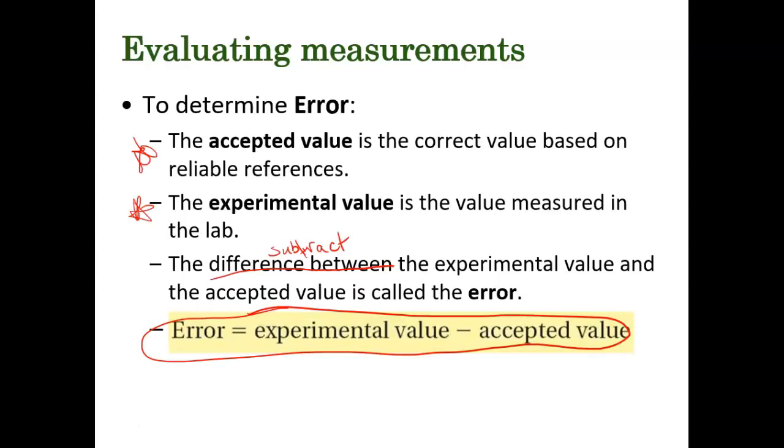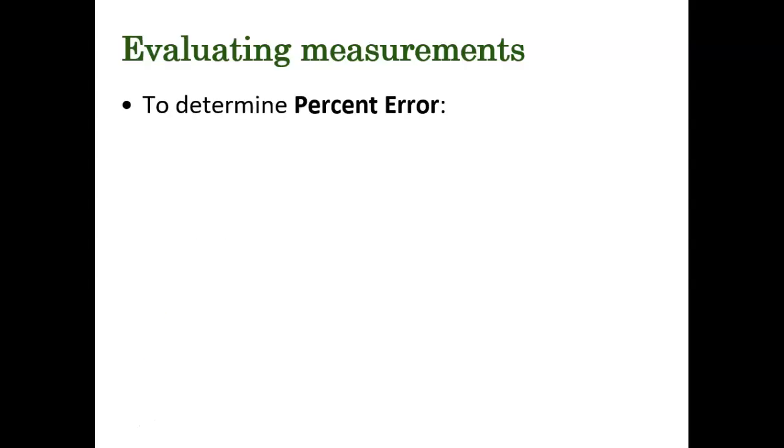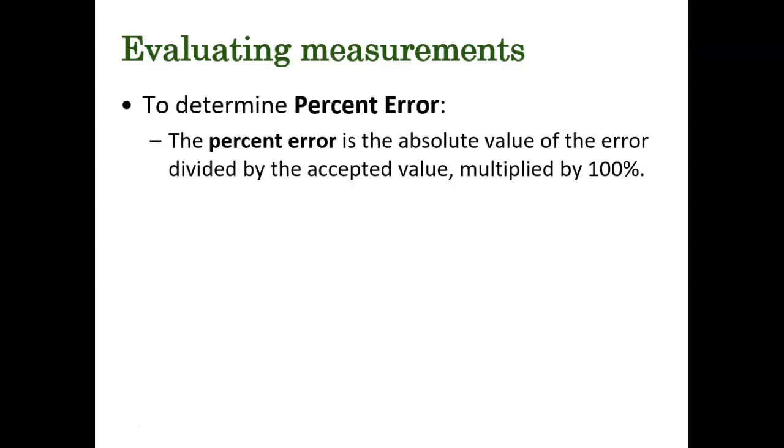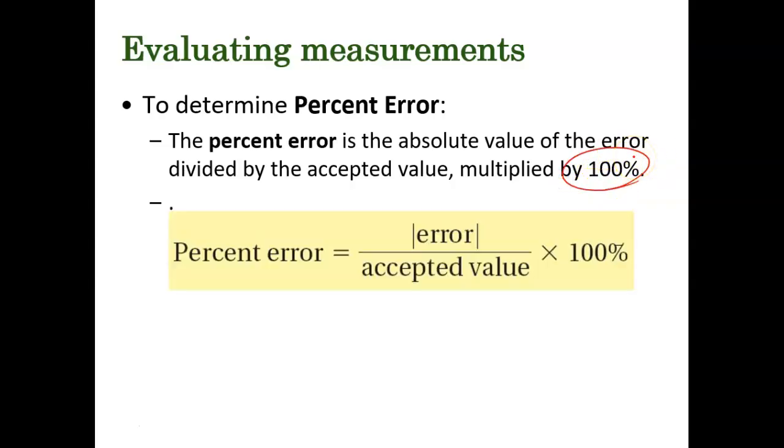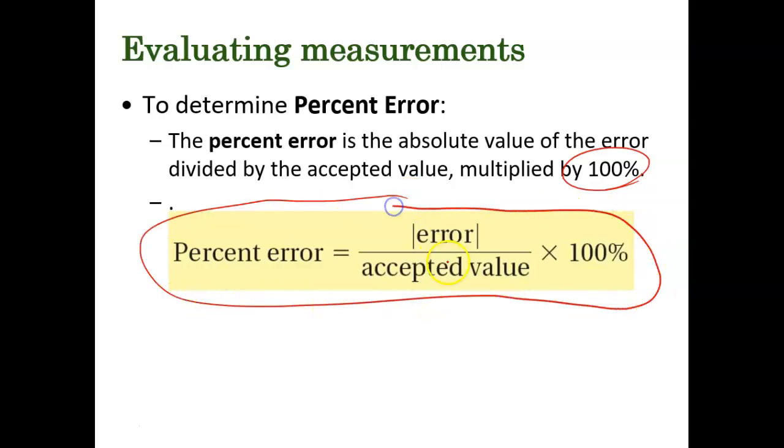To determine percent error, it is the absolute value of the error divided by the accepted value, multiplied by 100. That's the key, 100. I want you to have this in your journal. Percent error is equal to the error divided by the acceptable value times 100.